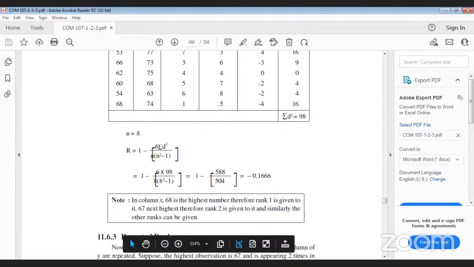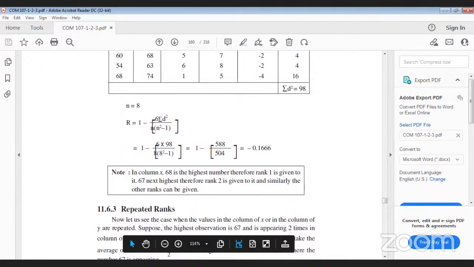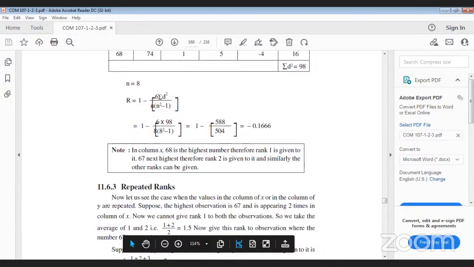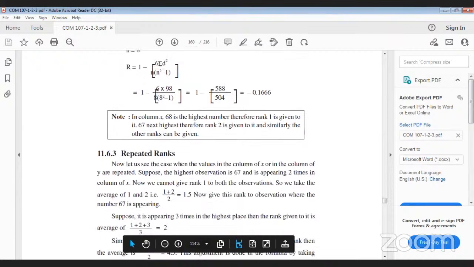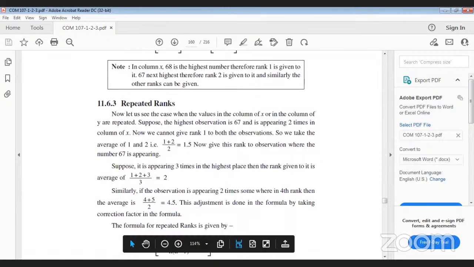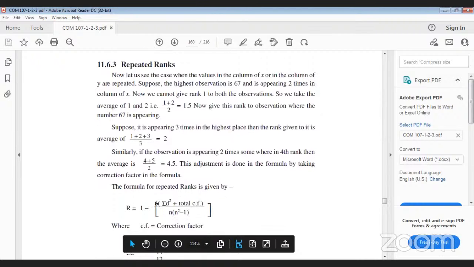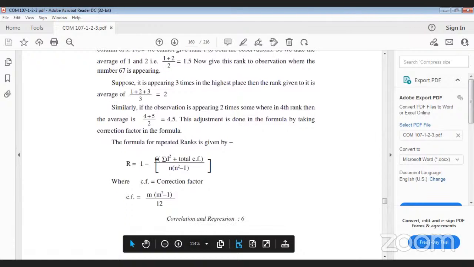Then you will find that in this column 68 is the highest number, therefore rank 1 is given to it, and 67 is second highest, it is rank 2. Now repeated ranks are there. Sometimes there are some repeated ranks, and the formula for repeated ranks is given here. 1 minus 6 into bracket summation d square plus total of CF, bracket complete, upon n into bracket n square minus 1.